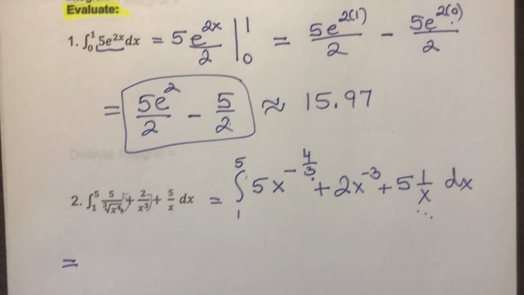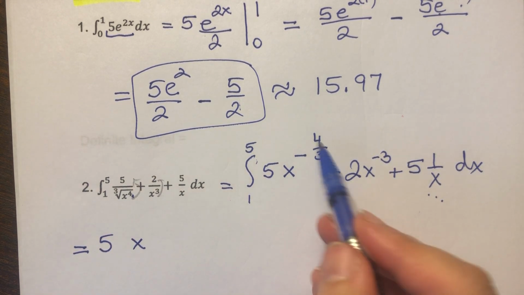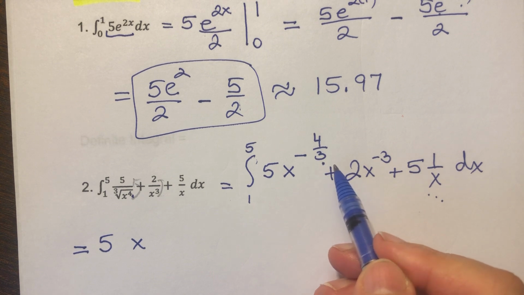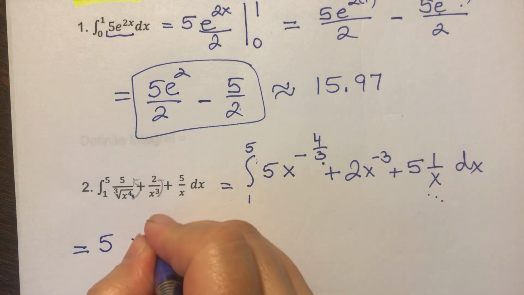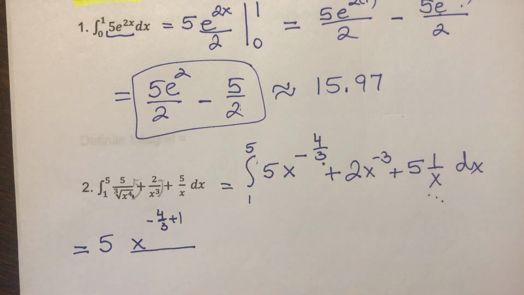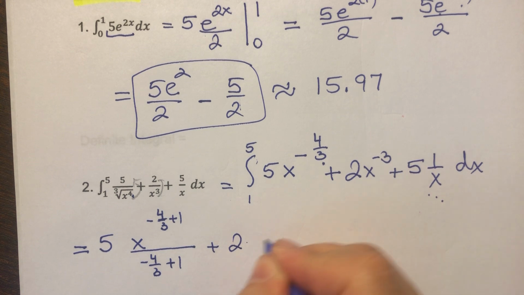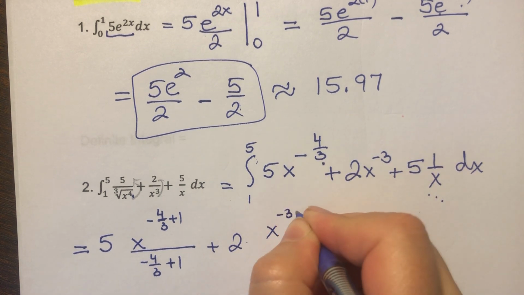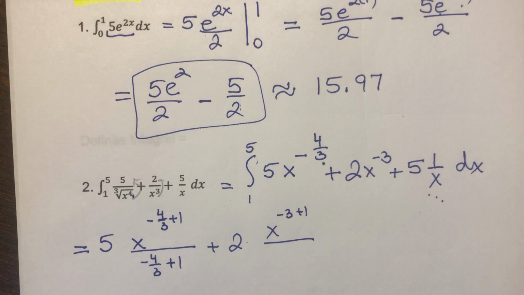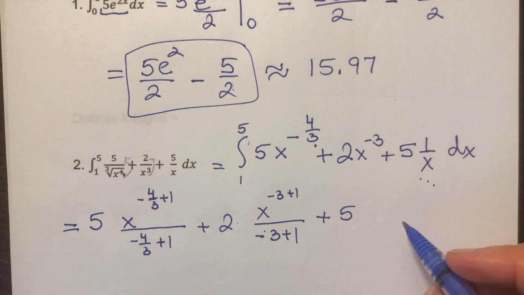Yes. Okay, so let's find the antiderivative. Keep the 5, x to the, what am I doing? I'm adding another 1 to that exponent. So here I'll write it out for you. Negative 4/3 plus 1 divided by the same exponent, plus 2 times x to the, add a 1 to the negative 3 divided by that same exponent, plus 5, what's the antiderivative of 1 over x?